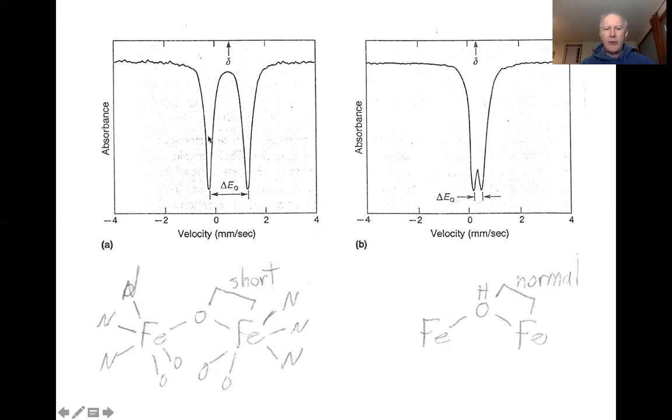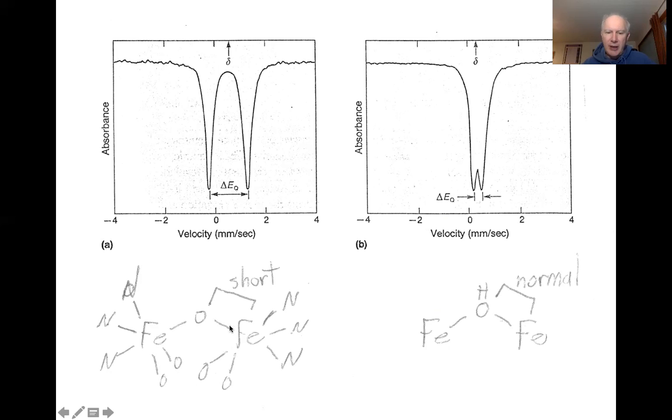Right, so this shows kind of what the Mossbauer spectra would look like, and this is for a couple of different iron 3 compounds, where you have iron 3 linked by an oxygen bridge, and then each of these irons is linked to these other ligand donors. And I left off the rest of the stuff. They're just organic molecules that are donating these. Didn't really matter.